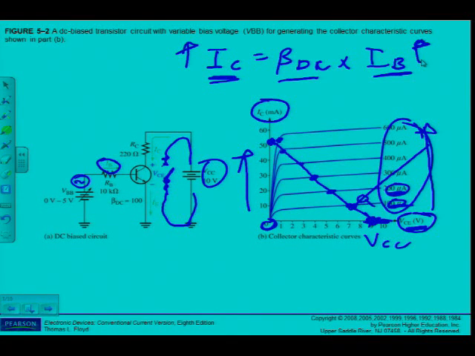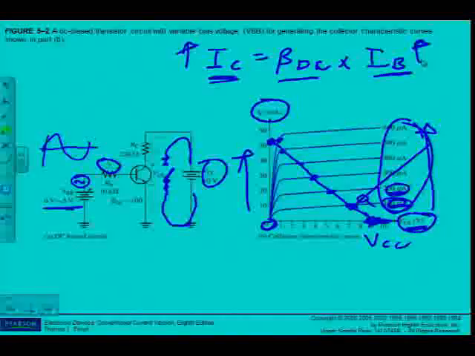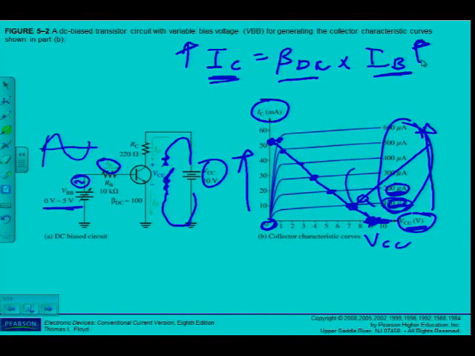There's my signal source that I want to amplify. Now what's going to happen? I've already established with a certain IB, which was caused by VBB, to give me this current. So this input signal of mine is going to start riding on that current that's already been established.